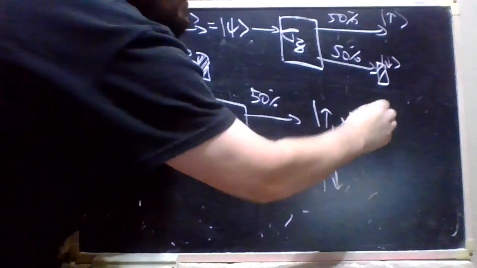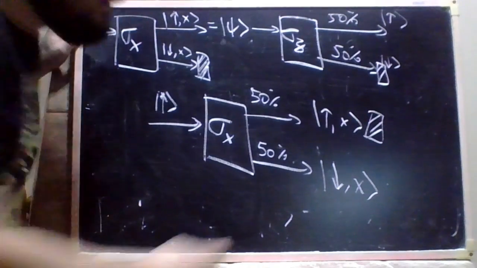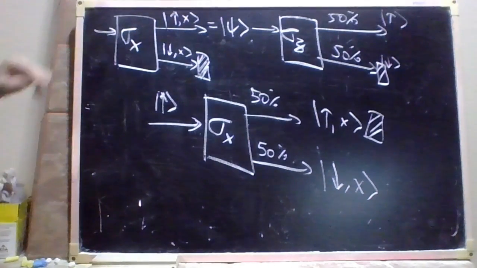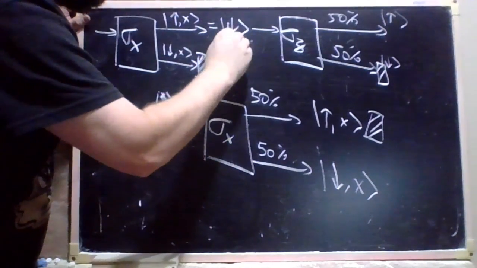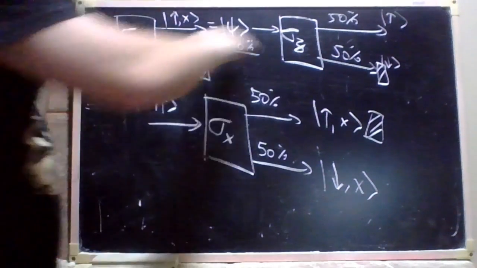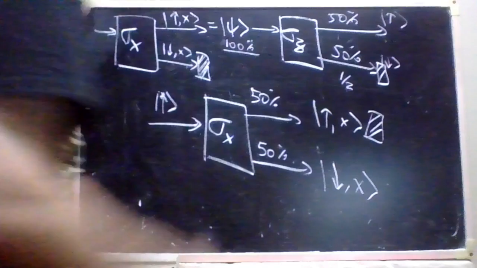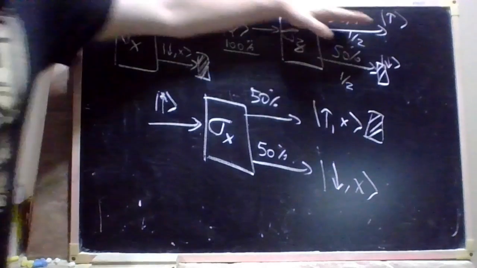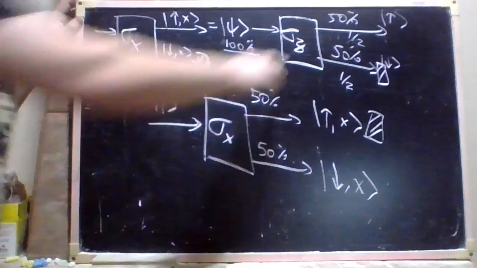And if you block now the up state, you would ask, what is the intensity of the beam here? Well, if you consider the first preparation you don't count. If you consider this as 100%, the total of the beam, when you pass through a first Stern-Gerlach experiment, you cut half of the intensity, just letting half the intensity in this branch, which corresponds to the up state of z spins.